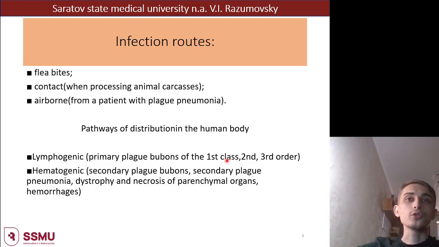Pathway of distribution in the human body: the ways of dissemination of plague in the human body are associated with two ways. They are lymphogenic and hematogenic. The lymphogenic way of spreading is associated with spreading of infection by lymphatic vessels, and in the second part of the primary plague complex, we may see lymphangitis, and we may see lymphadenitis.